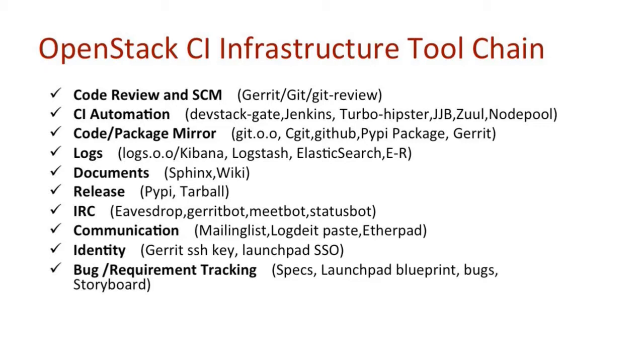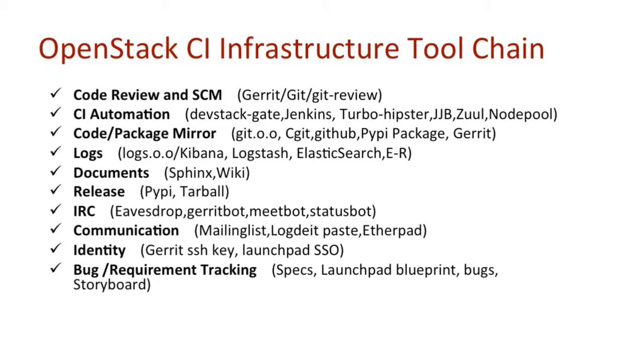identify the culprit. And documents, they have the wiki and docs.openstack.org, and releases as PyPI repo and tarballs, and we have the IRC channel, and they also keep a copy of the IRC logs, so you can Google search the keywords and may get results of a historical discussion about a bug or a feature or blueprint.